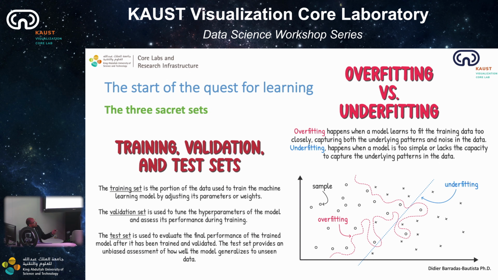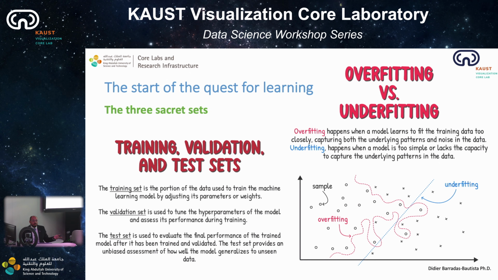So what you see there on the right is what can happen. You have a sample that has X's and circles, and then you train an algorithm to divide those two groups. You can do underfitting by doing just a regular linear regression. It will divide your data points, but then you will have a bunch of data points misclassified or in the wrong group.